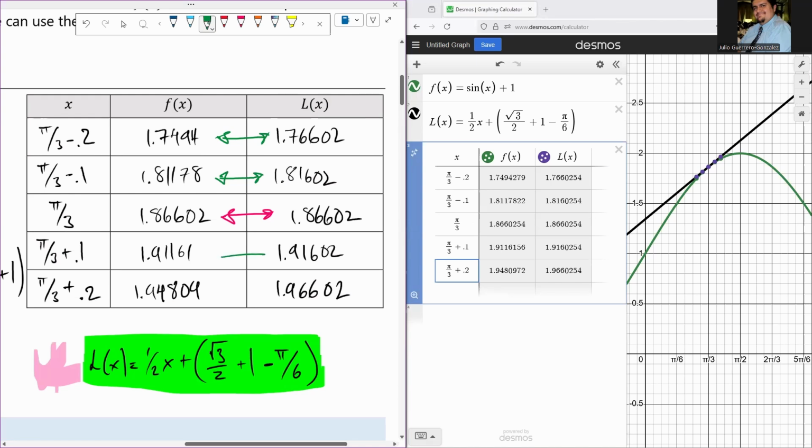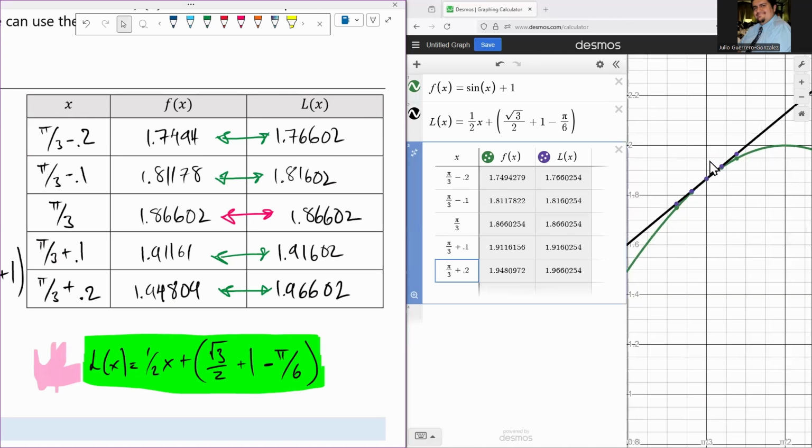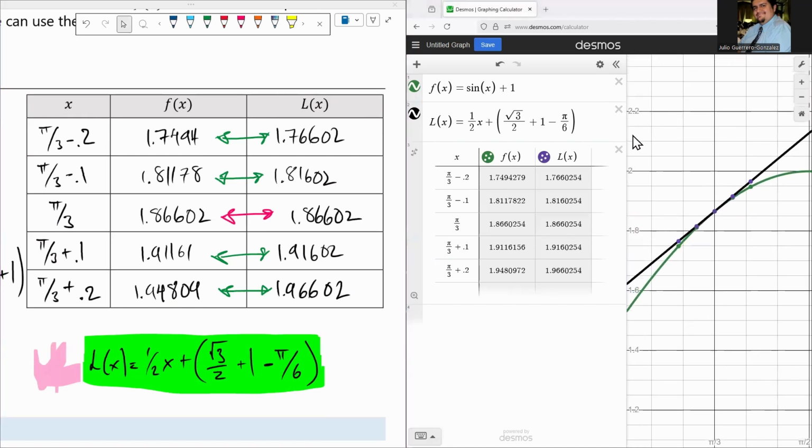And then same thing in the other direction. The middle column is the actual value at those points for f of x, and L of x gives their approximations. Like I said, they're not too far off. Of course, if you take a look at the function itself, let me zoom in on the function on the left-hand side.